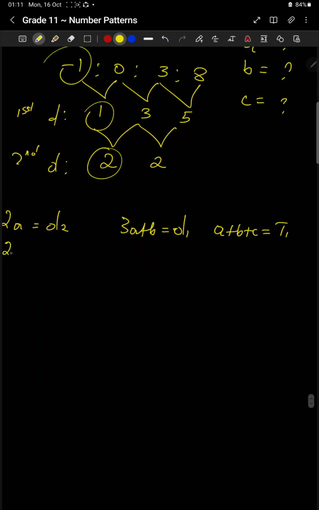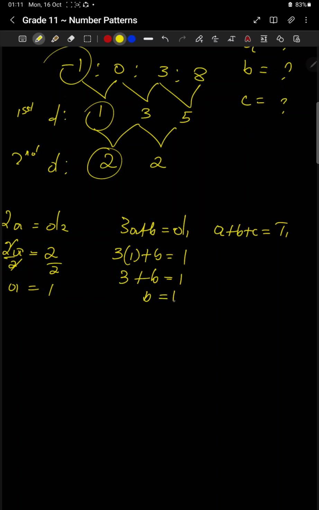So 2a is equal to 2, and then we divide by 2 on both sides. Therefore a must be 1, so 3 times 1 plus b must be 1, and then 3 plus b is equal to 1. Therefore b must be 1 minus 3, which is negative 2. All right, which is b.